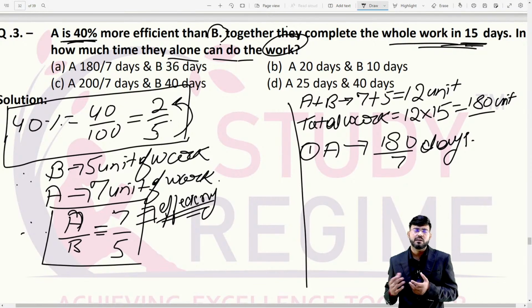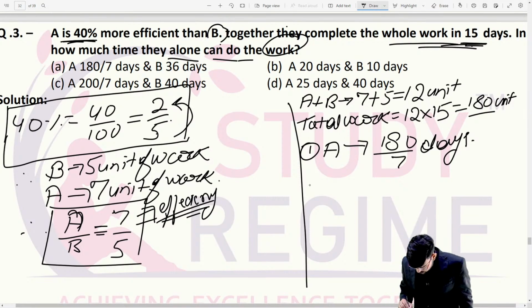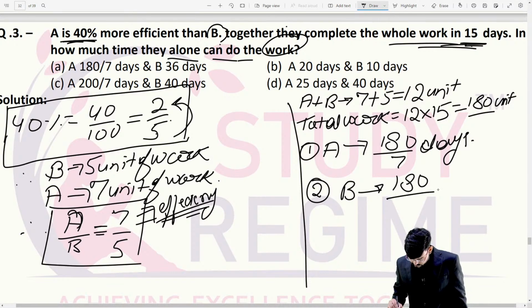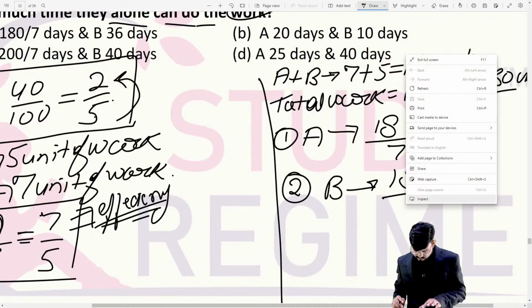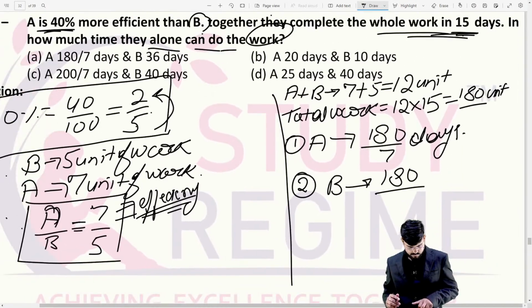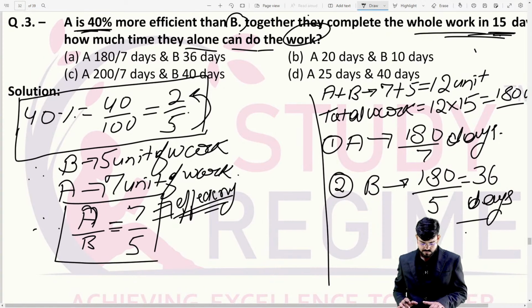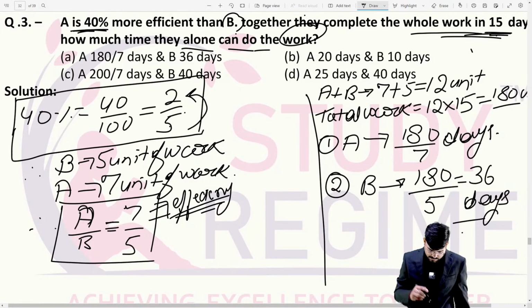You just divide the total work by the units of work done in a day. Similarly, for B, you can write 180 by 5. So, how much will you get? You will get 36. Clear? So, your option will become the first one.